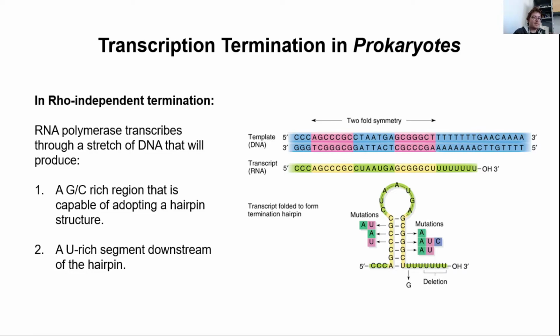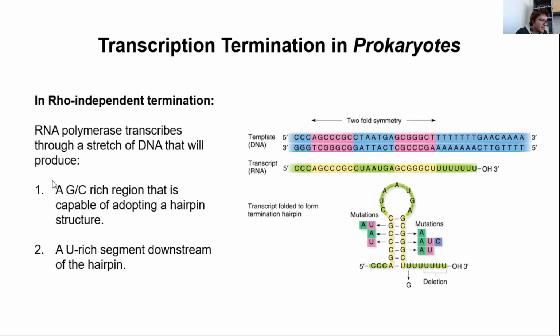And so I think when you see these, you'll really appreciate how what you've learned can help you understand what's going on here. And in Rho-independent termination, what happens is the RNA transcribes through a stretch of DNA that's going to produce a very specific outcome in terms of the RNA transcript that's produced here, okay?